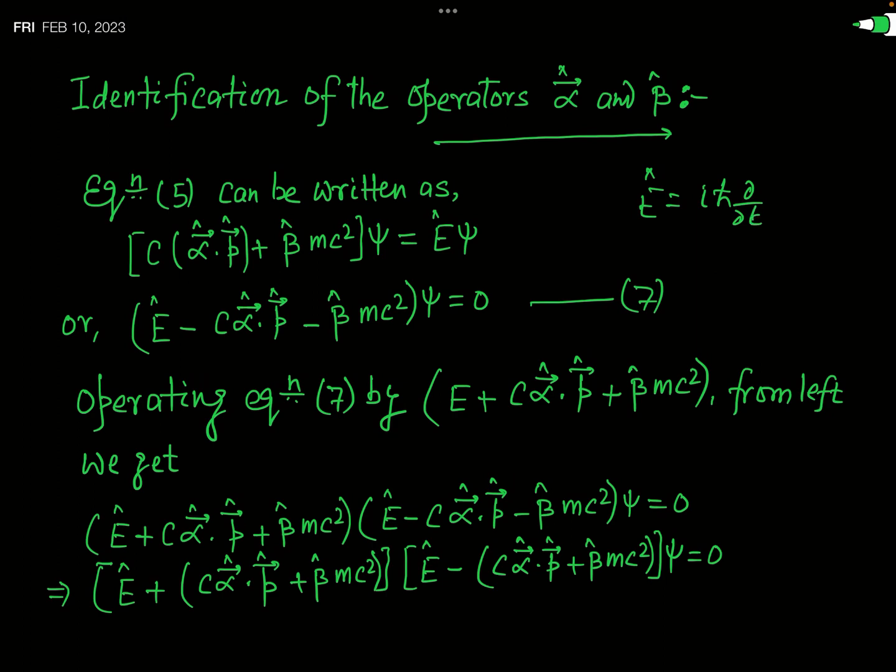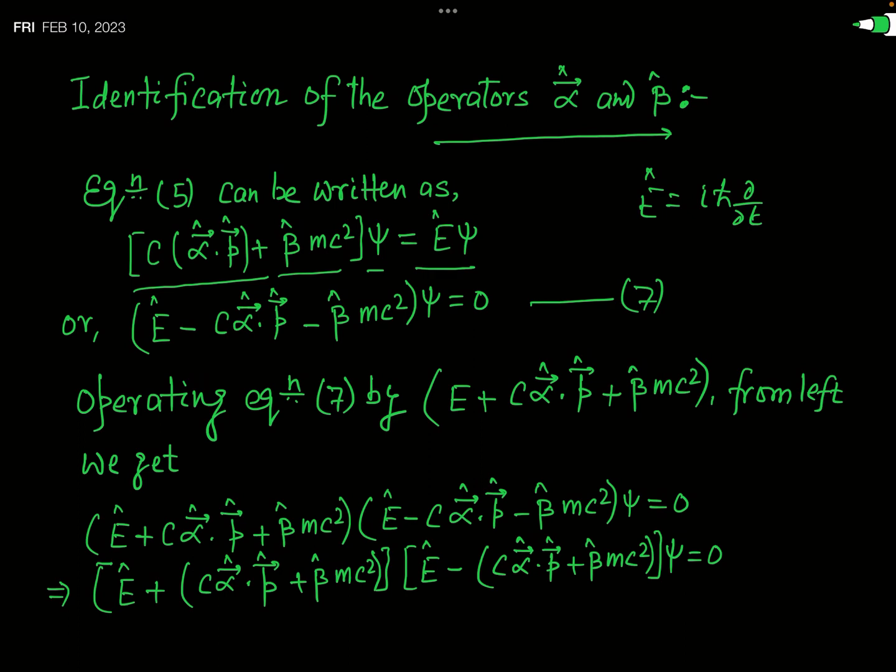So equation 5 can now be written like this: c times alpha dot p plus beta m c square, psi, equal to E psi. I am not pronouncing the hat symbol. I only say E, but you have to understand this is E hat.